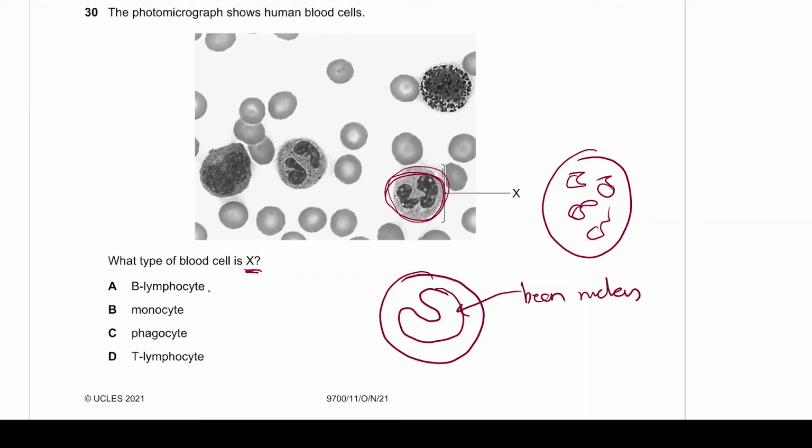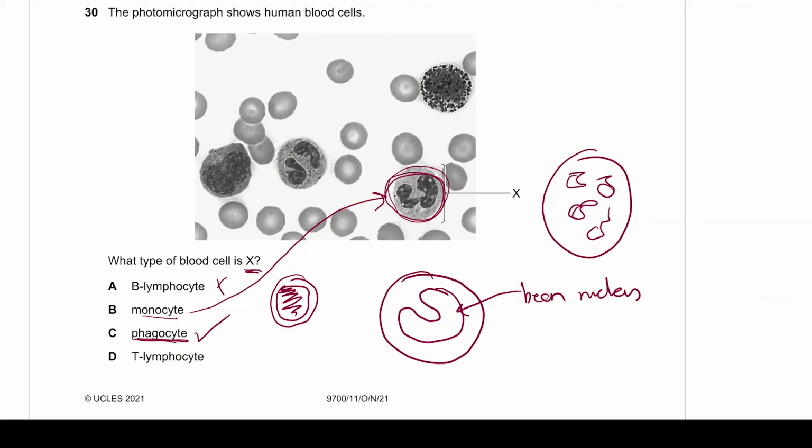A, B lymphocyte. We know it's definitely incorrect because a lymphocyte is much smaller than the rest of the white blood cells and the nucleus almost covers the entire cell. So this is incorrect. B, monocyte. As we said, we can't really determine. C, phagocyte.